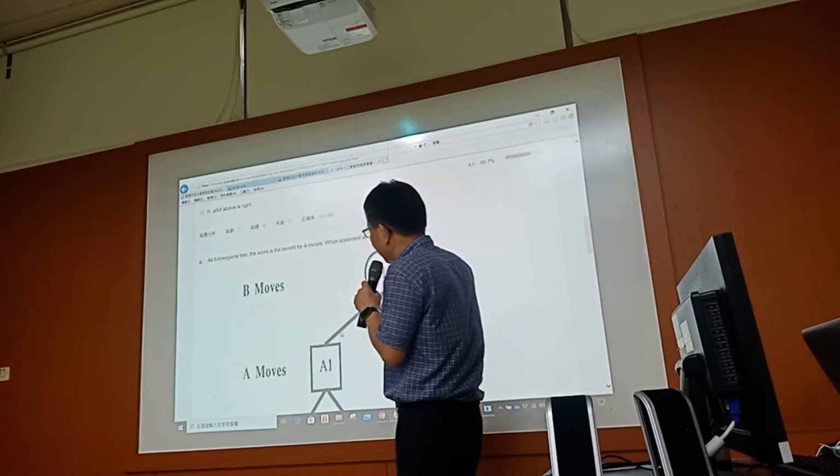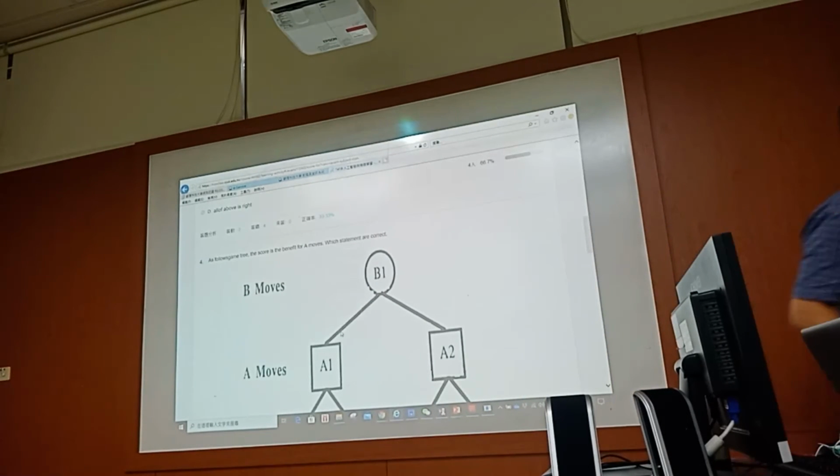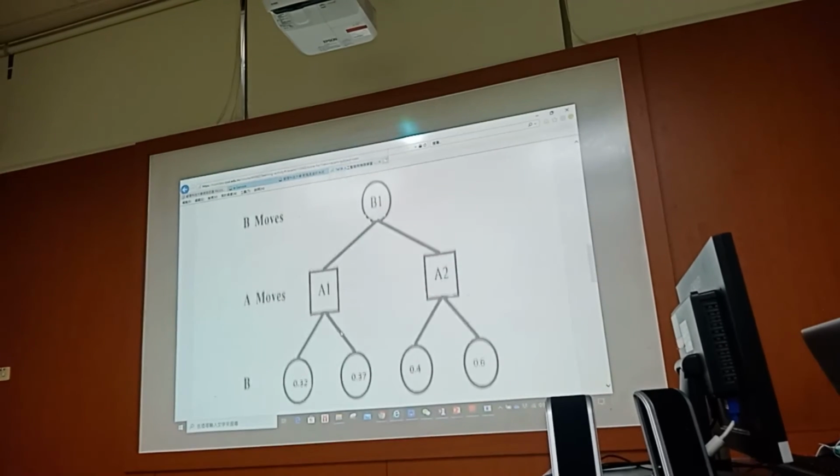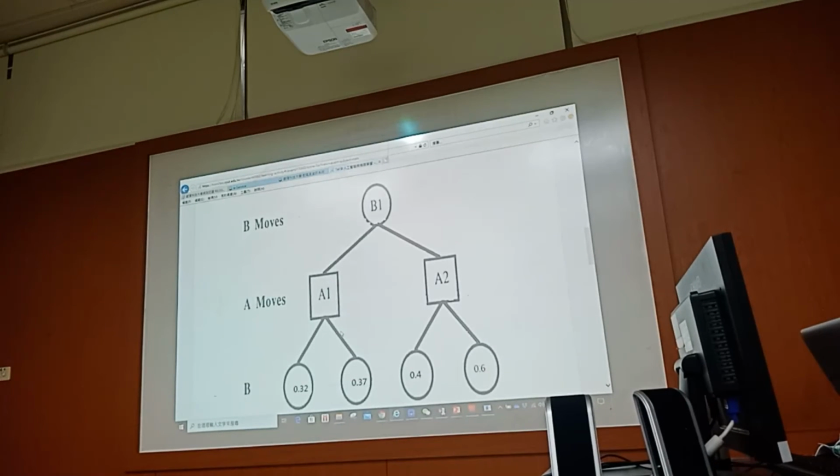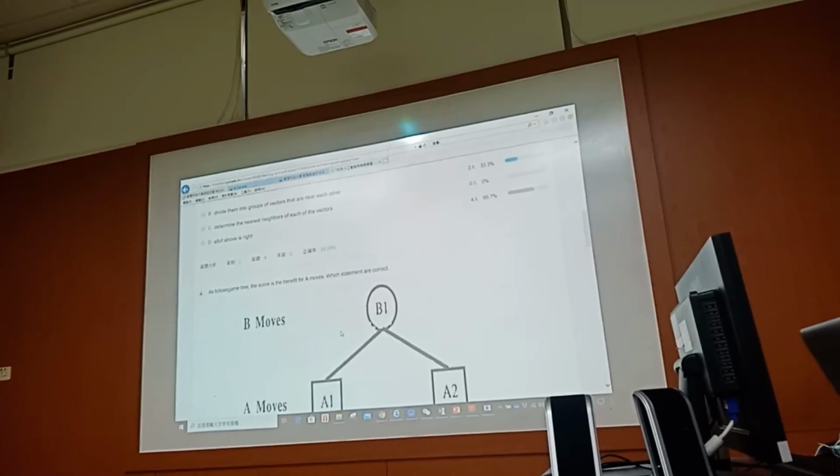Which statements are correct? For A's move, we can find that A will select the best benefit for himself. So A1 will select 0.3 and in fact A2 will select 0.6 if no cut.